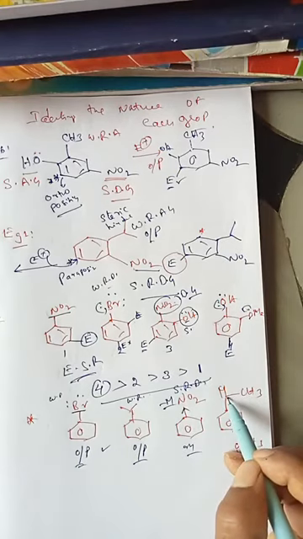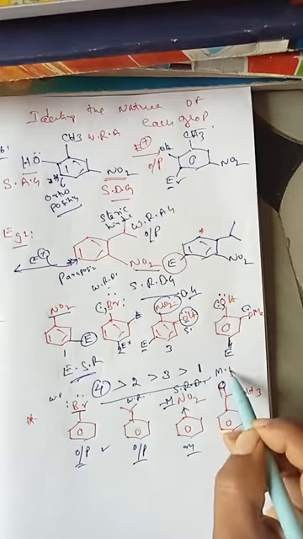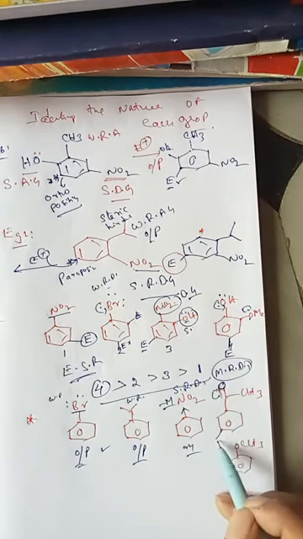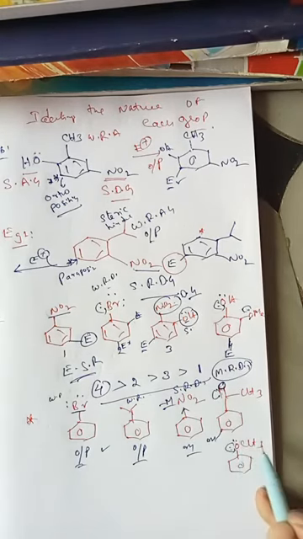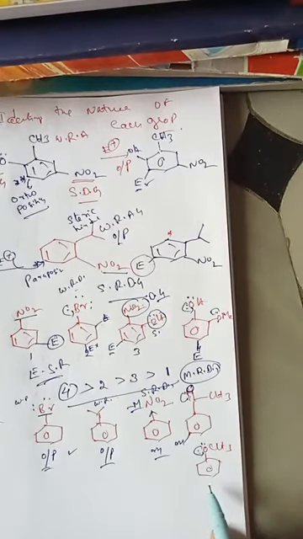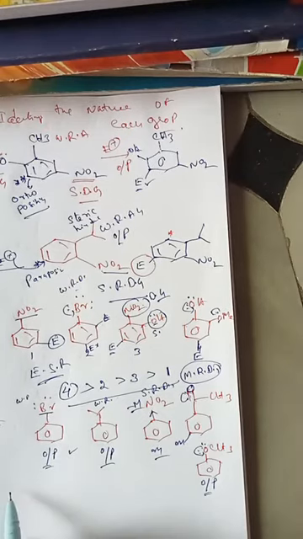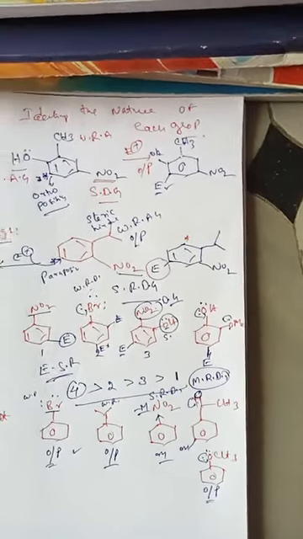And because of the carbonyl, C double bond O, a moderate ring deactivating group, it also undergoes meta substitution. Whereas this one is a moderate ring activating group, so it goes to the ortho or para position. Like that we have to identify the electrophilic substitution reactivity.